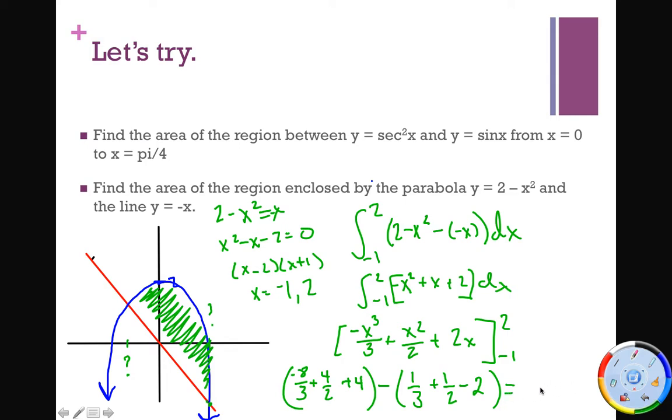And you simplify this all together, and you get 4.5 or 9/2. Don't worry, I did this all beforehand, so I already knew what the answer was. All right, so again, notice in this particular case, we were looking at two functions that we didn't know their intersection points at the time, but that were easily found. And after finding them, we did our integration and found that the area between these two curves is 9/2 units squared.